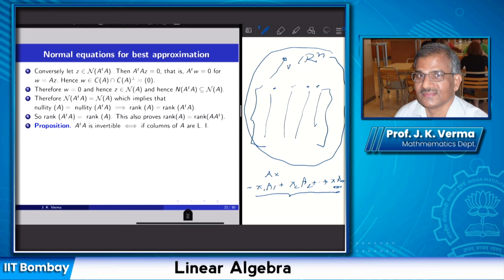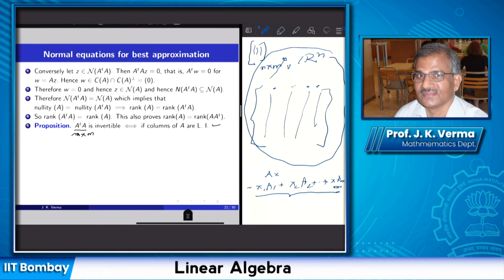So let us see, as a consequence of this, that A transpose A, which is an M by M matrix, is invertible if and only if the columns of A are linearly independent. A was a tall matrix, N by M. It has M columns, so the rank of A cannot be bigger than the number of columns, because the number of columns is smaller than or equal to the number of rows.